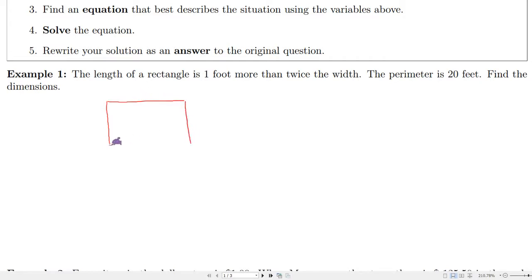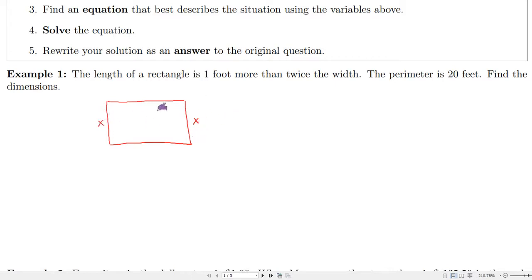Okay, so we got some rectangle here. Okay, and the length of a rectangle, which we'll just make this length here, is 1 foot more than twice the width. So since we're told information about the length in terms of the width, I think it's a good idea to make the width your x variable.